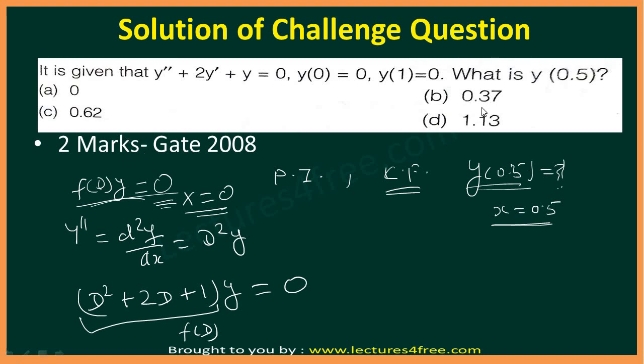So when you get a different option, its probability increases. This is my general observation, my experience. In this question also you are getting an unusual option, A, 0, and its answer is A.